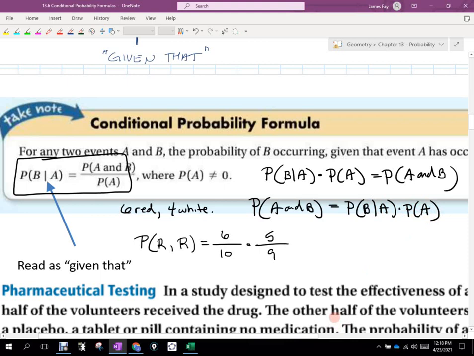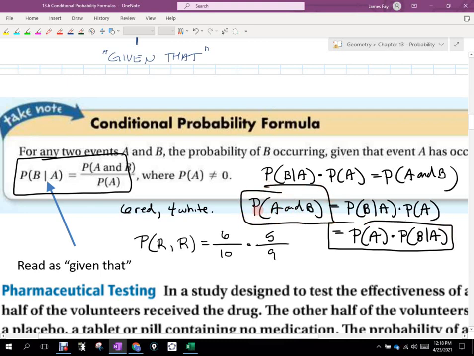Now, I'm going to take the right-hand side and rewrite this as probability of A times the probability of B given A has already occurred. So think about what this is right here.